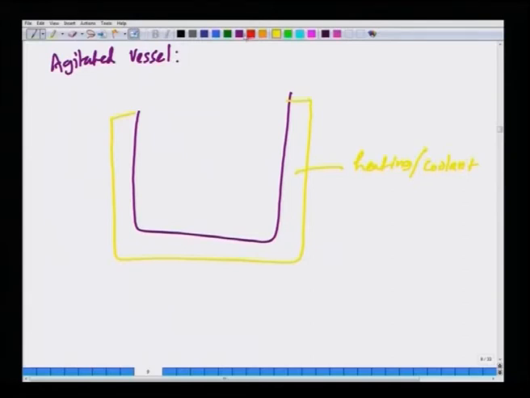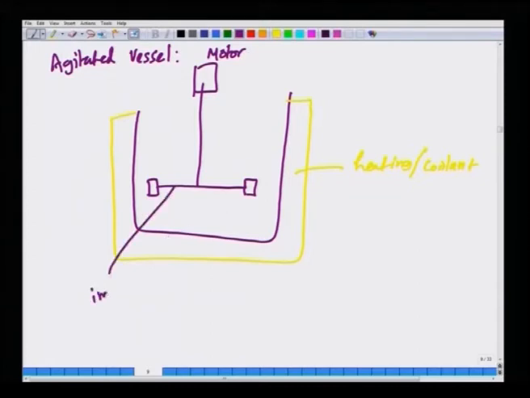And then you have an impeller, and the impeller is driven by a motor. Okay. And this is an impeller, and then on the sides you have baffles, to reduce tangential motion of the liquid.